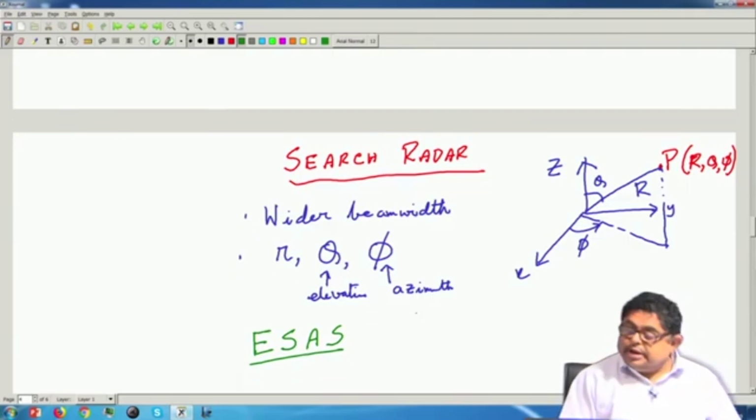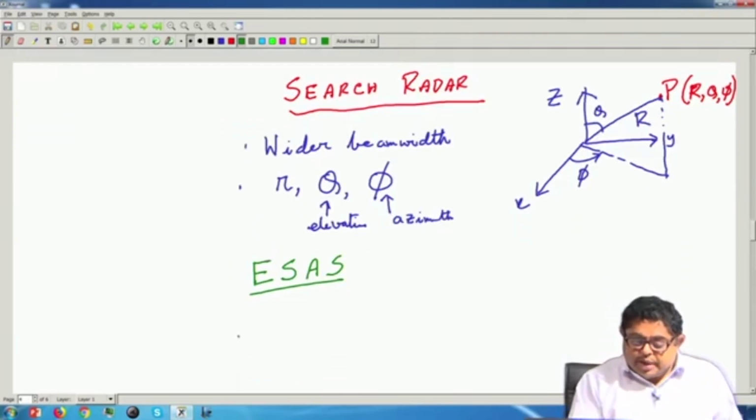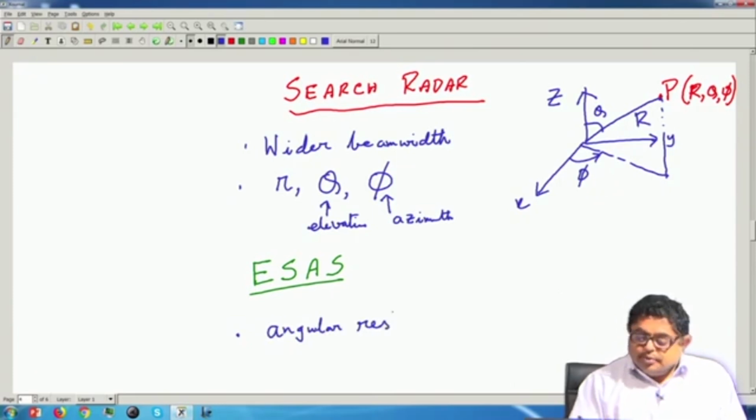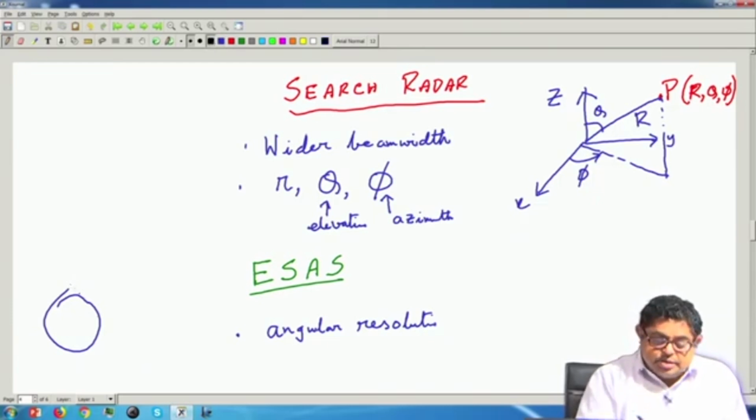Now, when we are measuring elevation and azimuth, the angular resolution is related to the beam width. How? Suppose I have an antenna producing a beam like this.